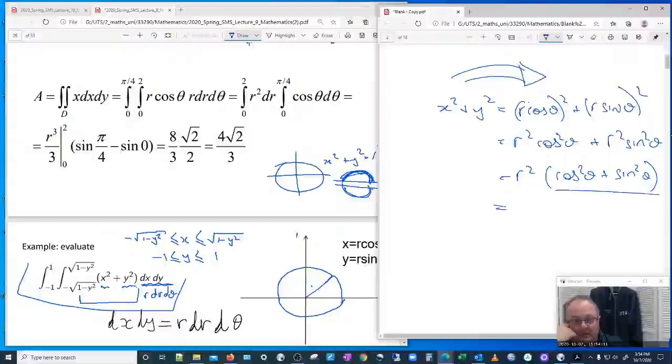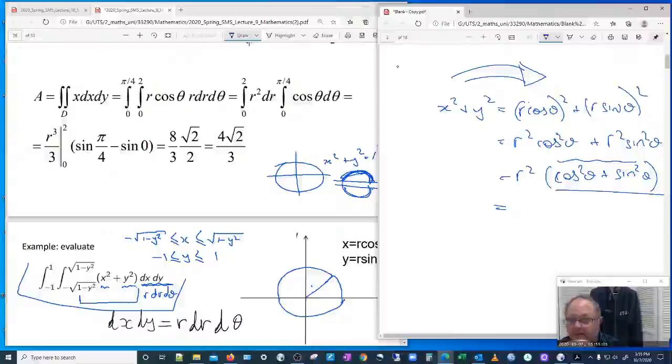And so who can tell me what this is? Cos squared theta plus sine squared theta.